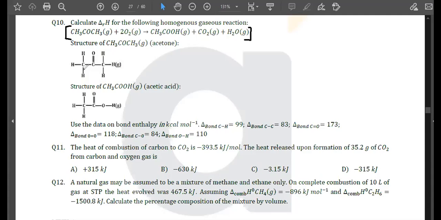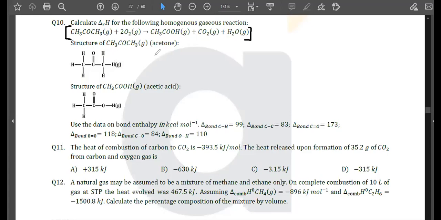Just think about this CH3COCH3 structure. In this structure, how many CC bonds, how many CH bonds?